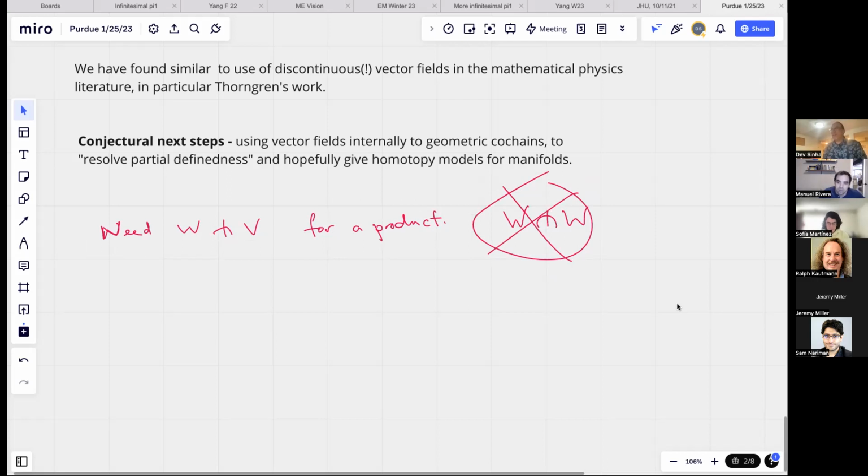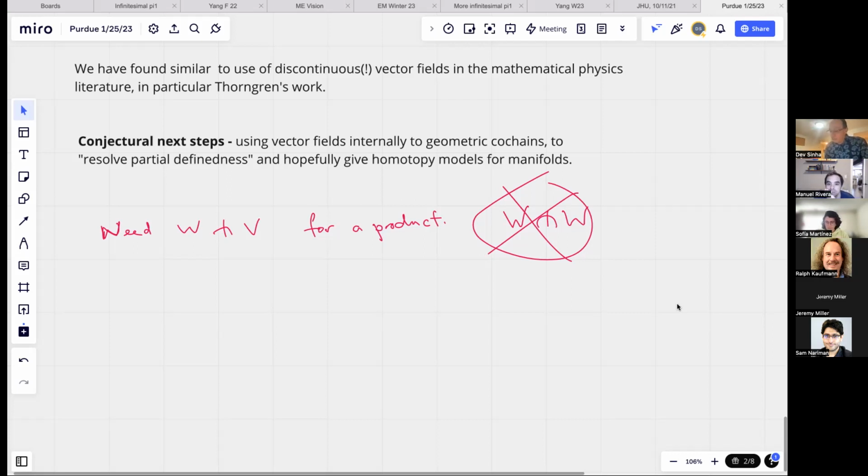It's a point to keep in mind. It's kind of hard to have nice models for things if you can't take x squared, right? You can't take a single class and multiply by itself in this theory. That's an issue potentially. Of course, what you want to do is be able to move it off. If you think about moving W off of W, one way to do that would be a vector field, right?